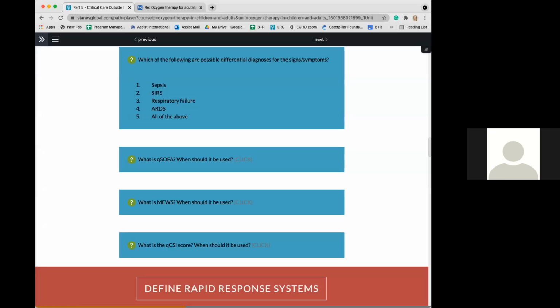So the other scoring system that can be used is the modified early warning score. The early warning score has also undergone various upgrades, and the current one and the most simple to use is the modified early warning score.